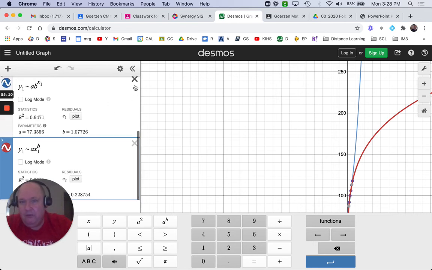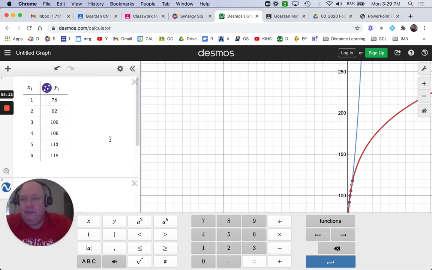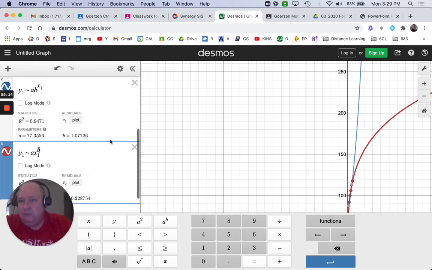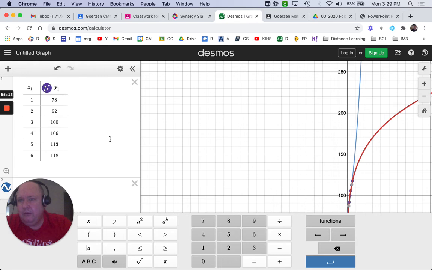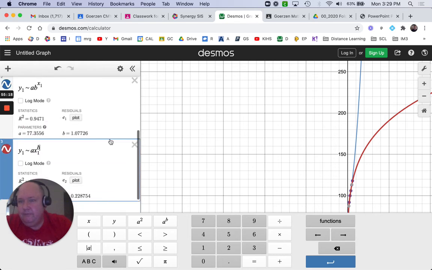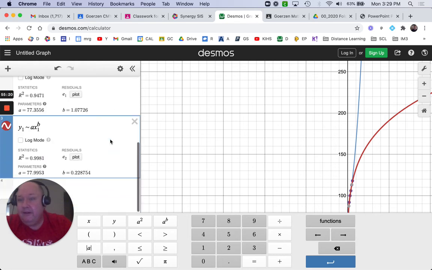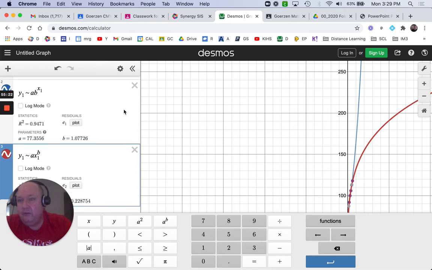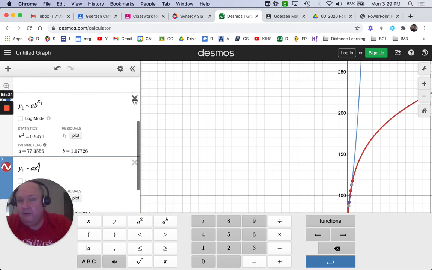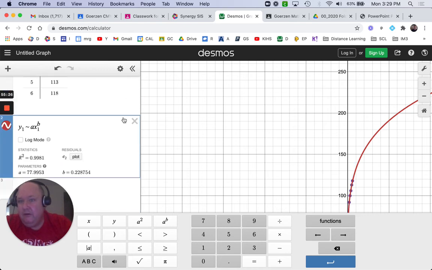So I'm going to get rid of the other one, and I'm left with the better model. Oops, what did I get rid of? Let's try it again. There, the power model is the better model with a better R squared score. So we're going to use the power model.